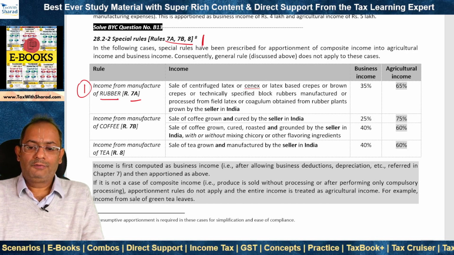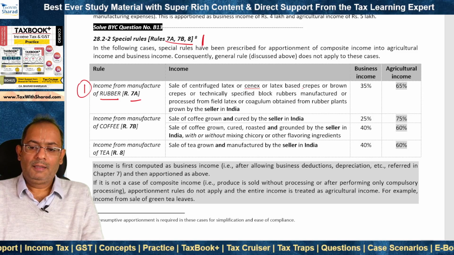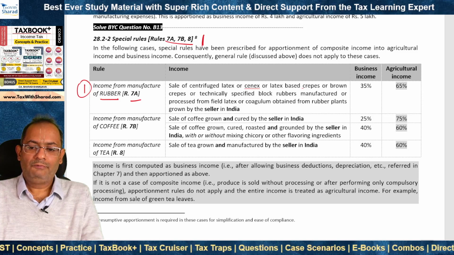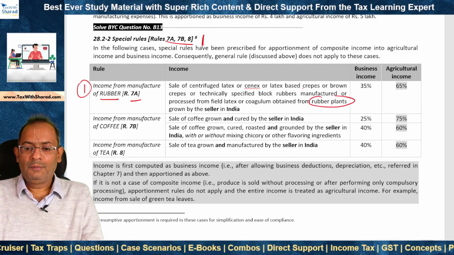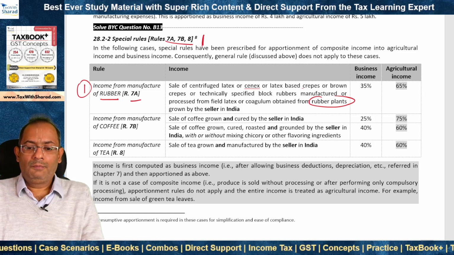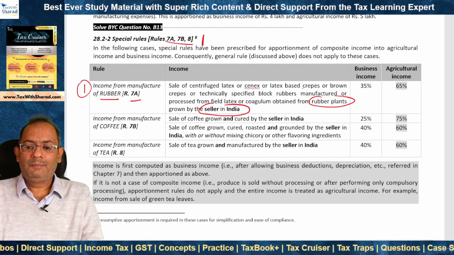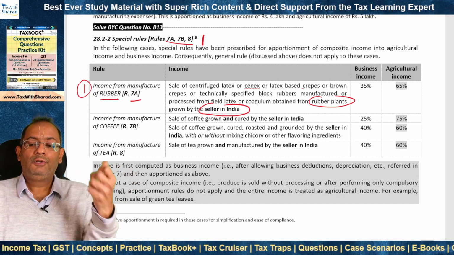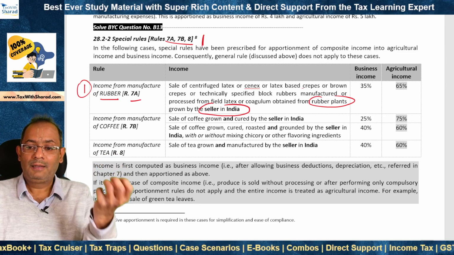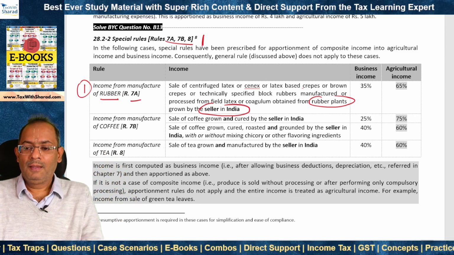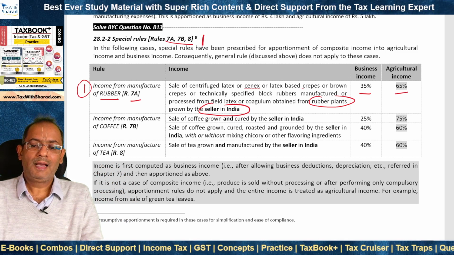Where there is a sale of centrifuge latex or Cenex or latex based crepes or brown crepes or technically specified block rubbers manufactured or processed from field latex or coagulum obtained from rubber plants, and rubber plants are grown by the seller in India, in that case, since there is a processing of rubber and that processed produce is sold, composite income arises and there is a standard percentage. So there is a presumptive taxable income which is determined as per rule 7A. And 35% is considered as taxable business income while the balance of 65% is exempt as agricultural income.